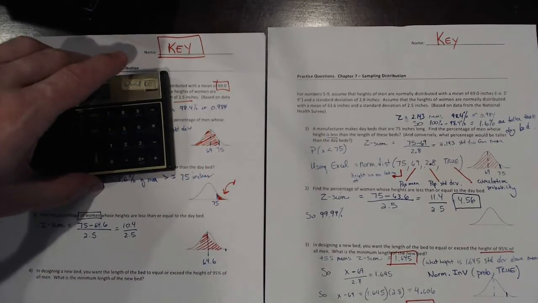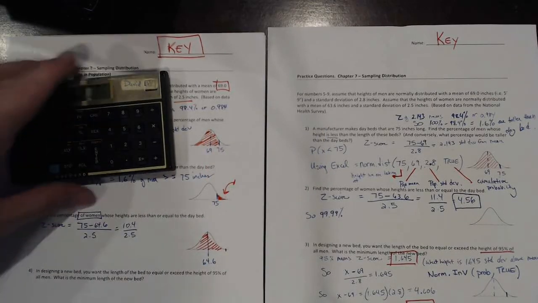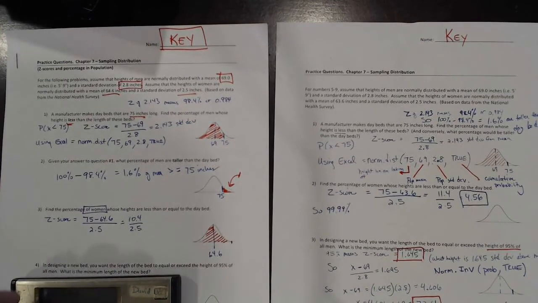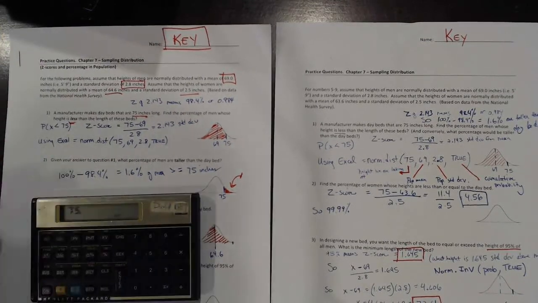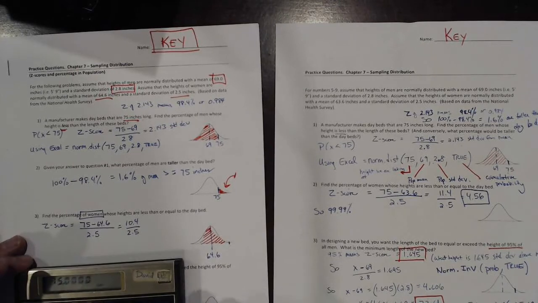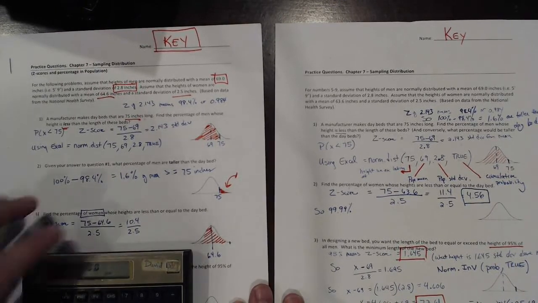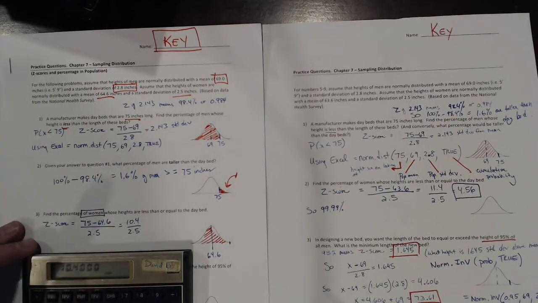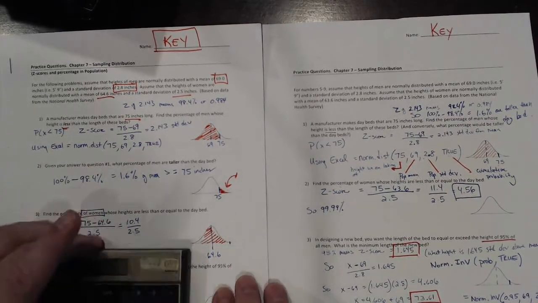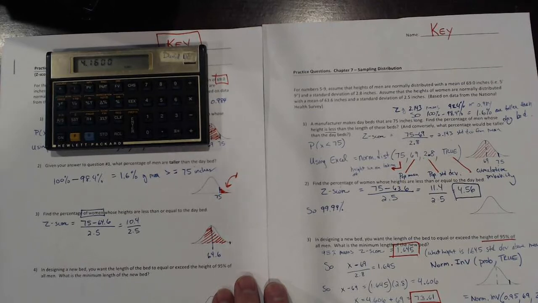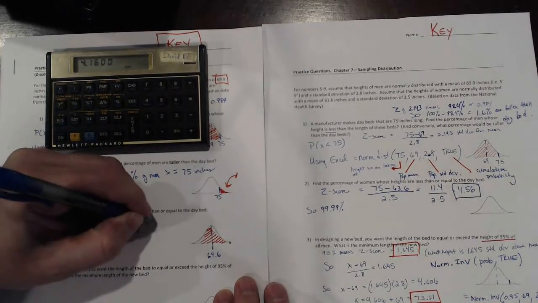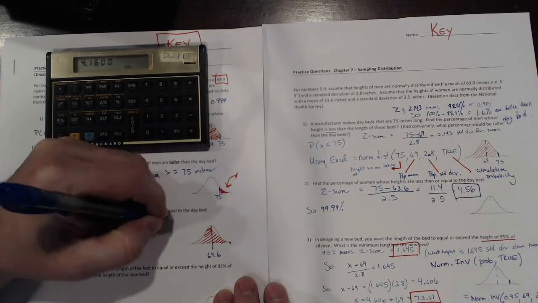Okay, so 75 minus 64.6 is 10.4, right? So that's 10.4, and then when we divide that by 2.5, we get 4.16 standard deviations above the mean, or the z-score.